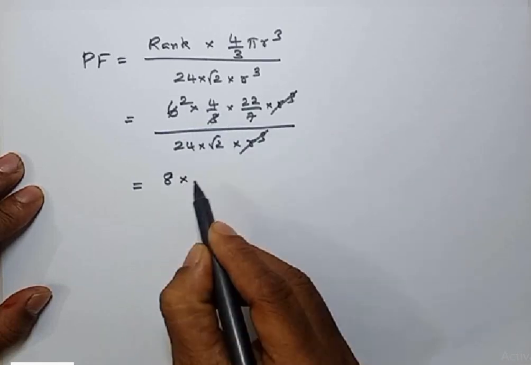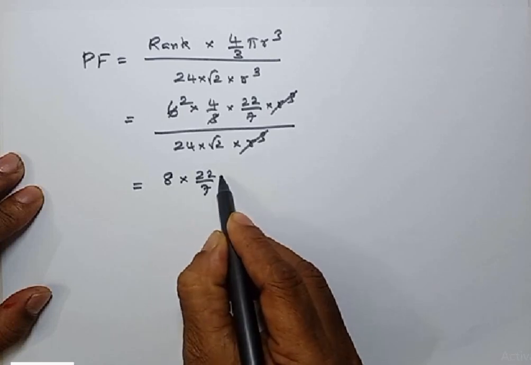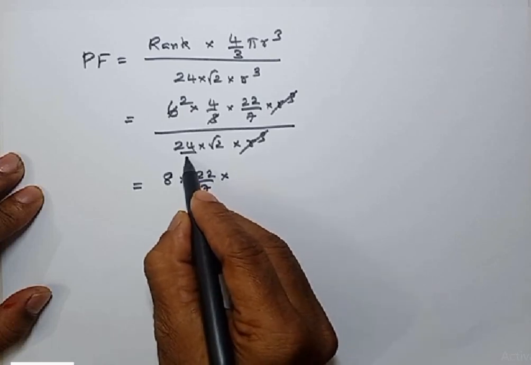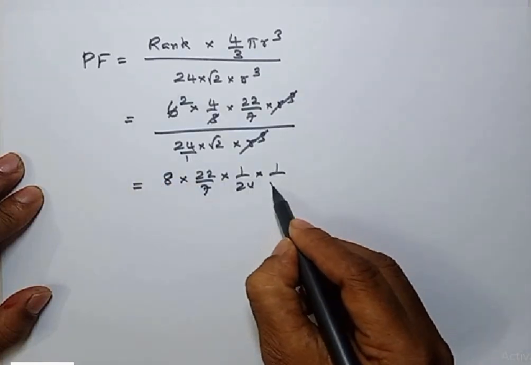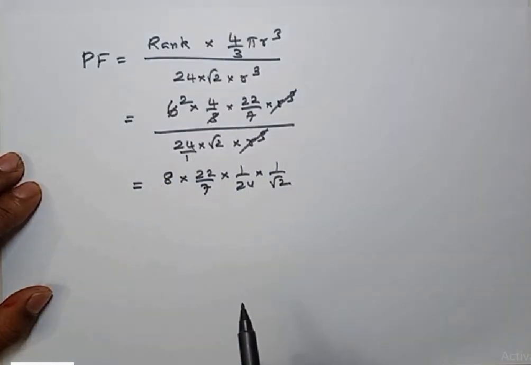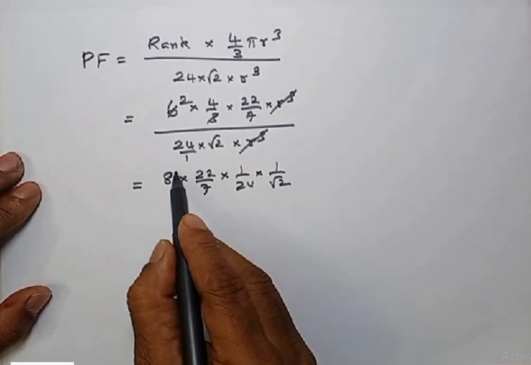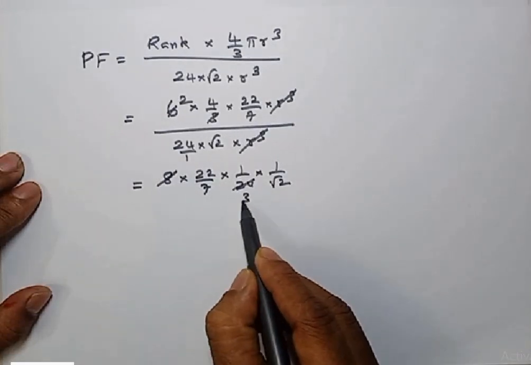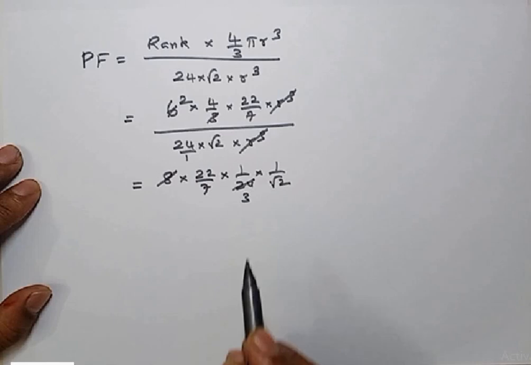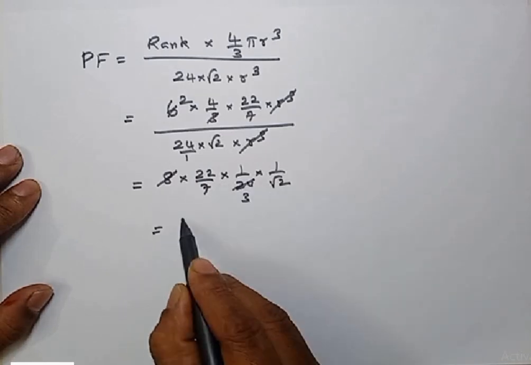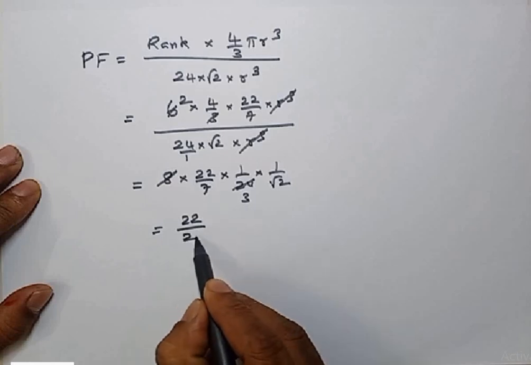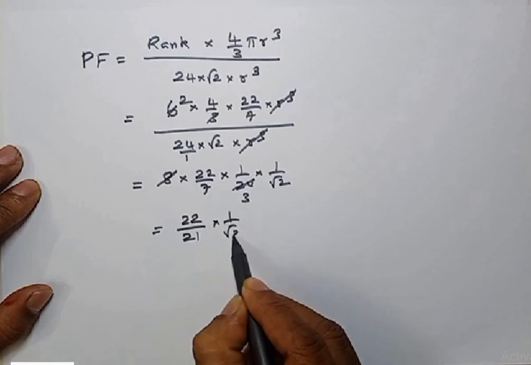So 8 into 22 by 7 into 24 by 1. I can write it as 1 by 24 if I bring it to multiplication, and this becomes 1 by root 2. Now we will simplify. 1 8 is 8, 3 8s are 24. So you'll get 22 by 21 into 1 by root 2.